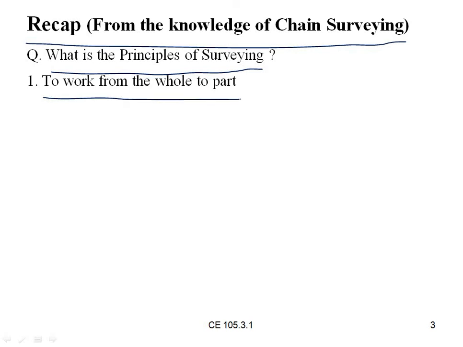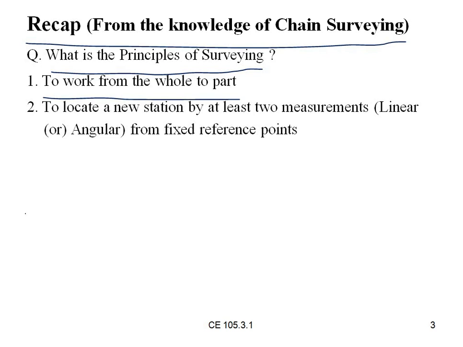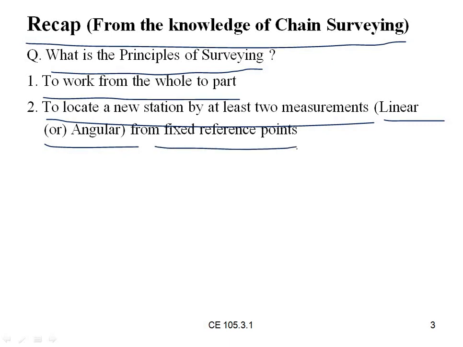Now let us recap, from the knowledge of chain surveying, what are the principles of surveying. The first is to work from the whole to part. We have seen this in chain surveying. The second is to locate a new station by at least two measurements, linear or angular, from fixed reference points.